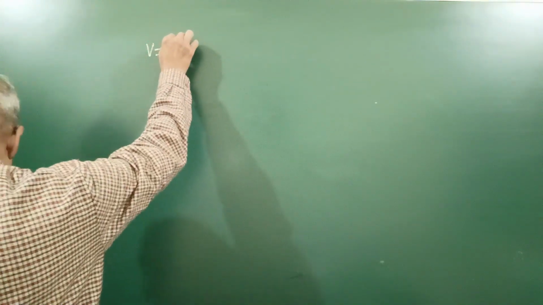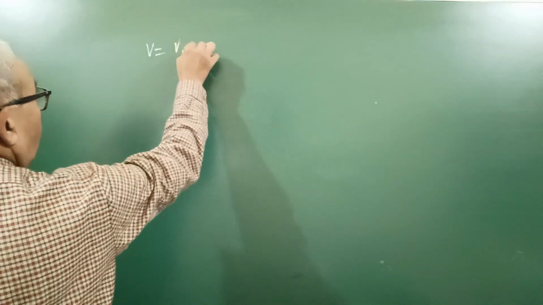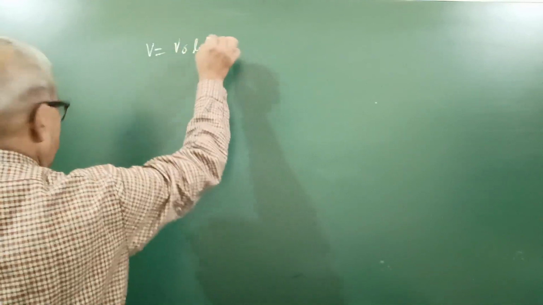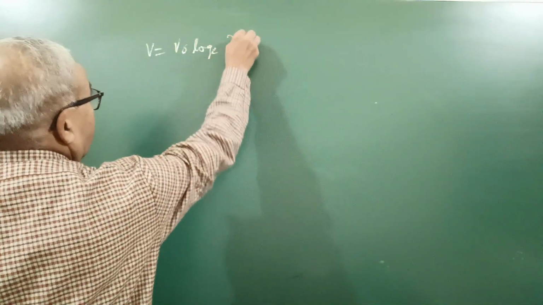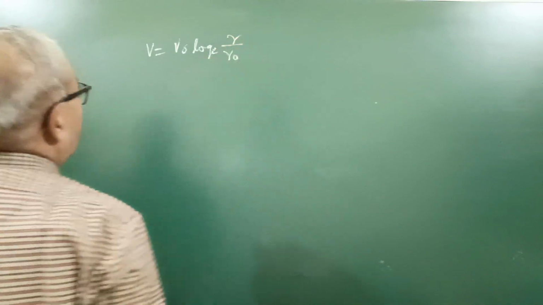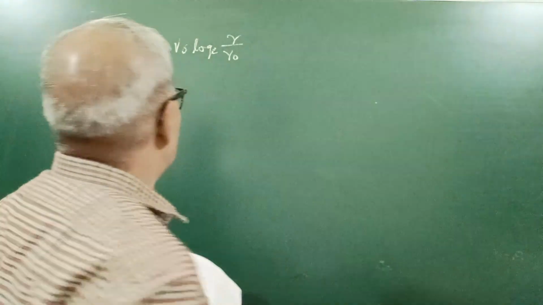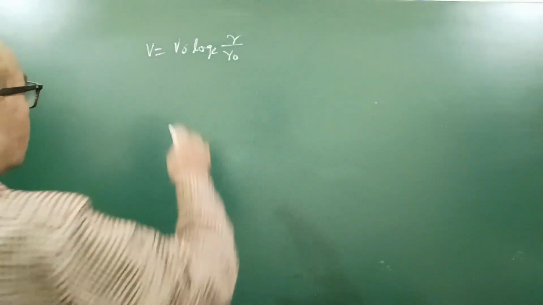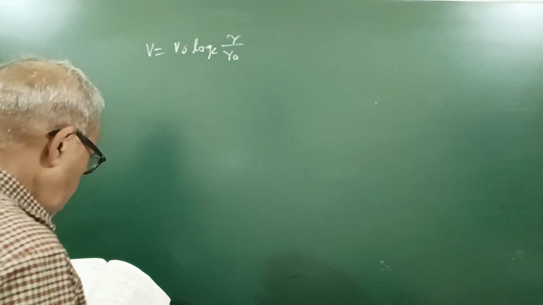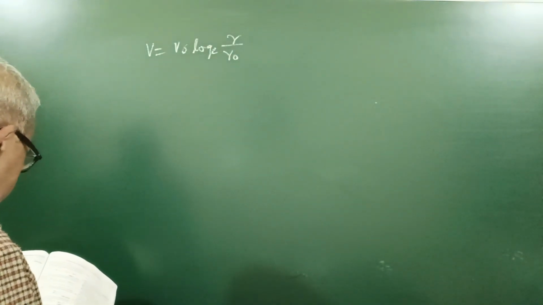The electric potential between a proton and electron is V equal to V0 log base e of R upon R0, where R0 is a constant.